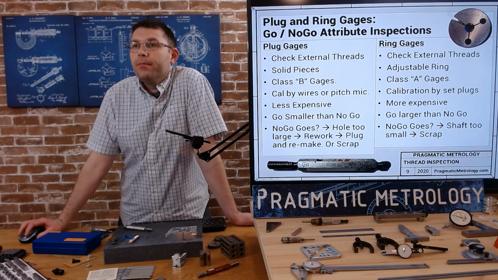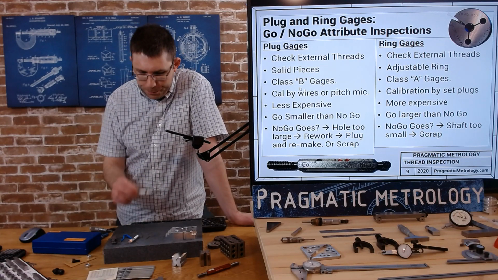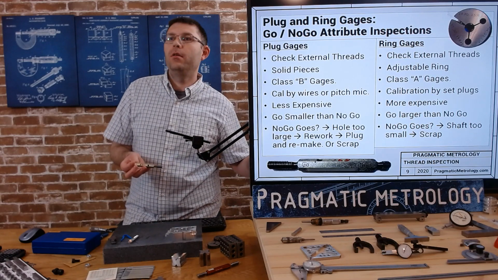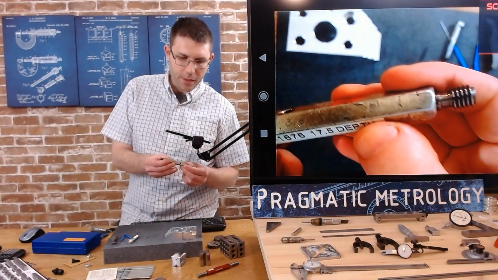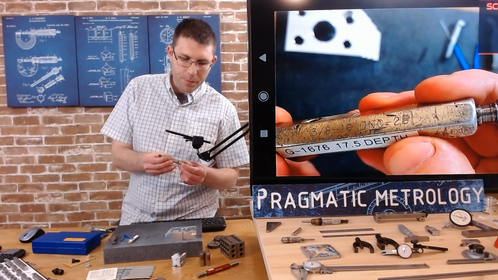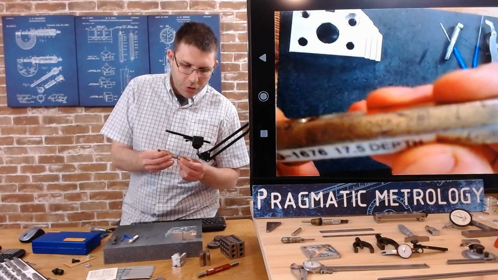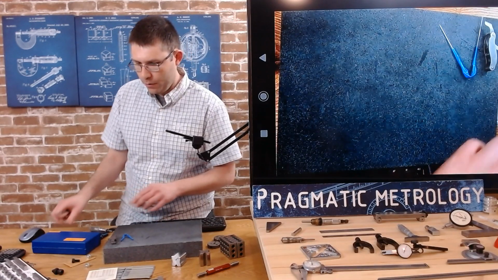Let's see. Plug gauges are Class B gauges. So when you look at a plug gauge, I'll try to get it on the camera, you'll see a 2B. Well, it's a little scratched out, but there's a 2B and not a 2A. Try to focus on those.